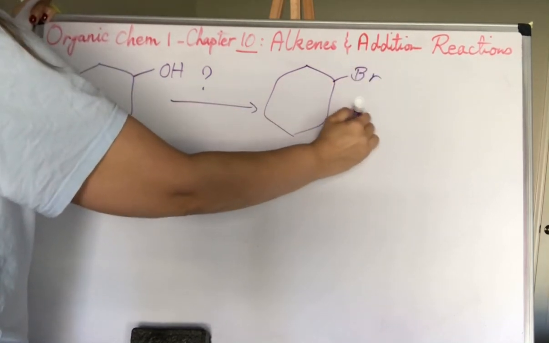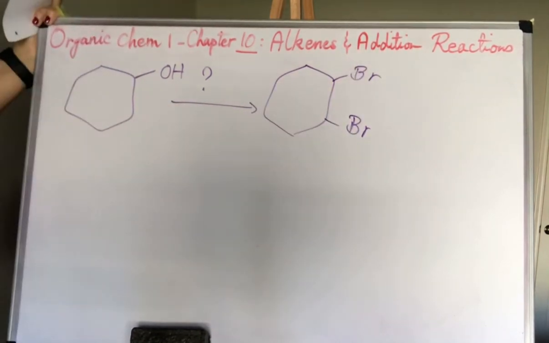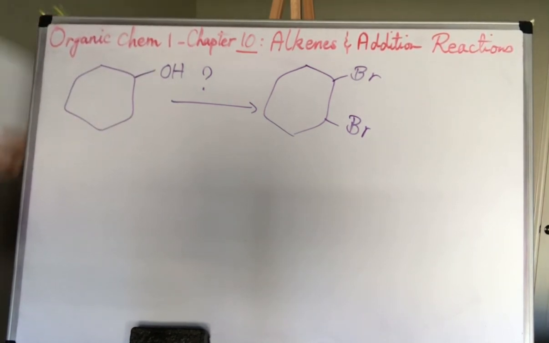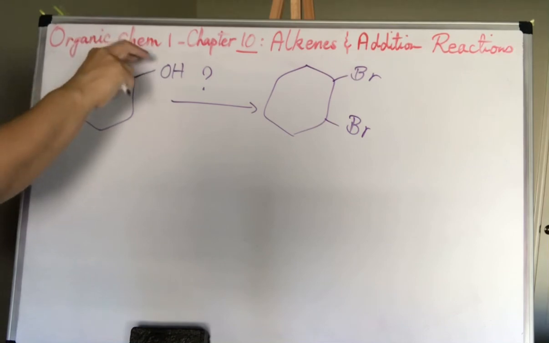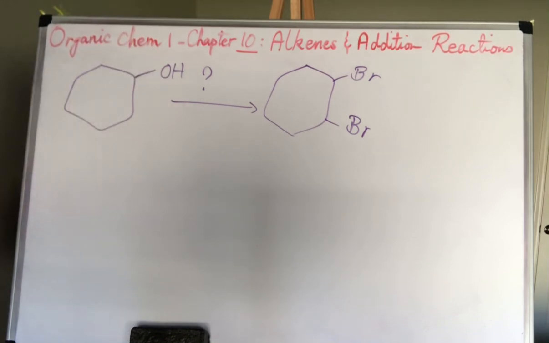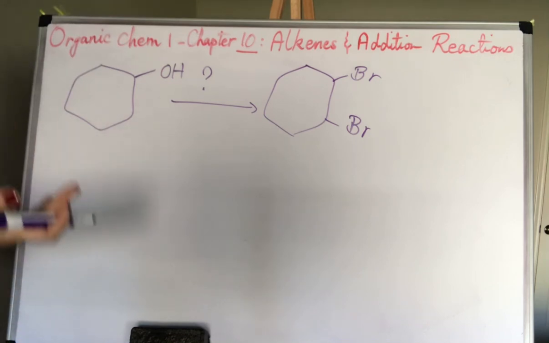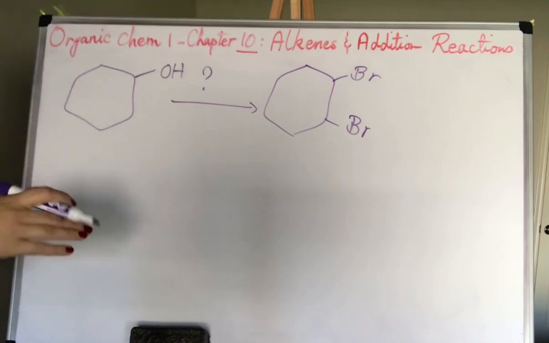So, you see, we are going from an alcohol to a dihalide. We cannot add or substitute any OH with bromine. At this point, you haven't learned any reactions like this.